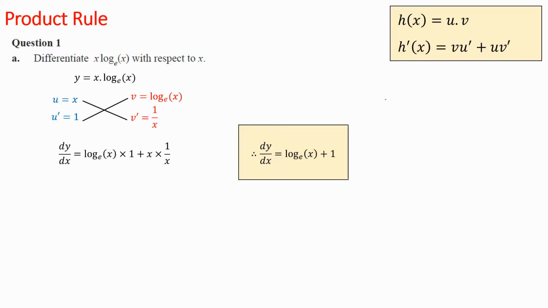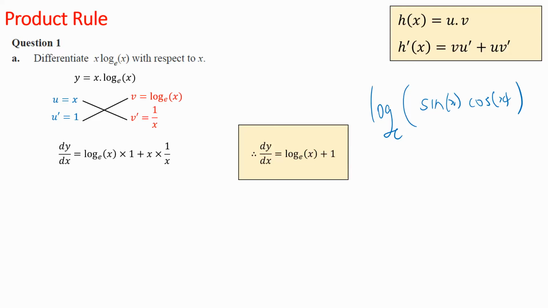I haven't seen that problem before, but you could have that. You could have log e of, let's say, sine of x times cos of x. You use chain rule first because you're replacing that with a u. We call this u, but then within u, to find the derivative of u, dy du, this is a product rule. So chain then product.